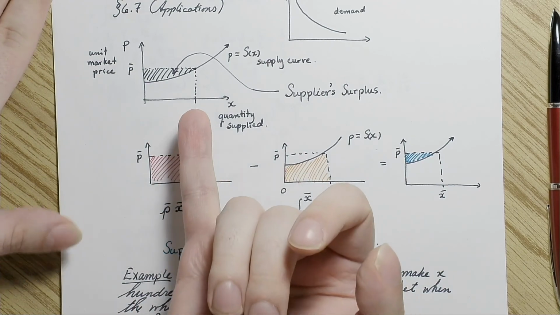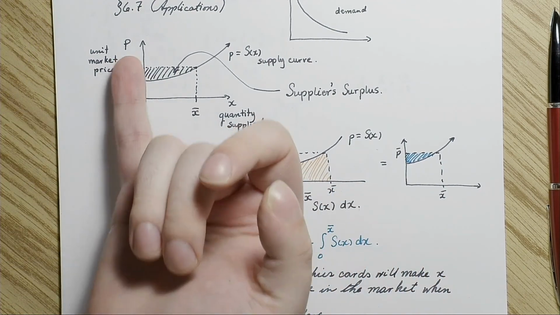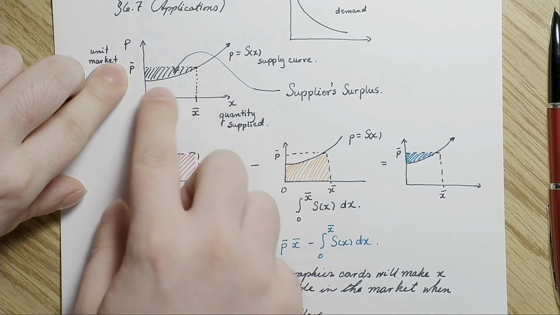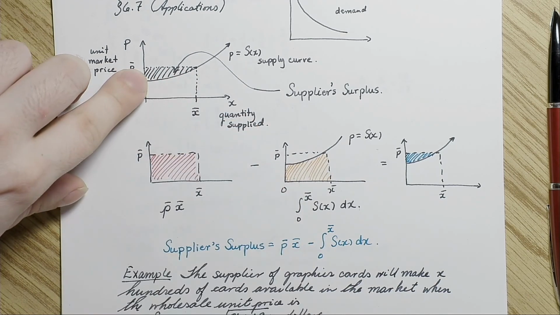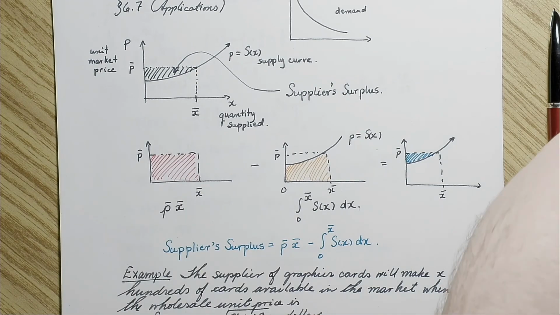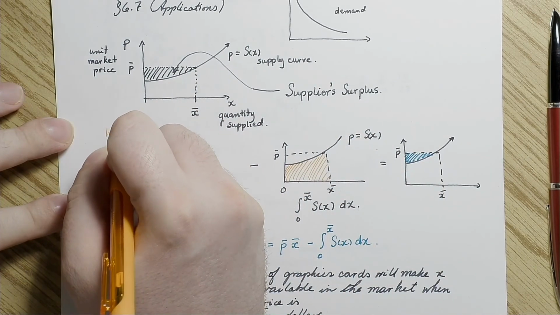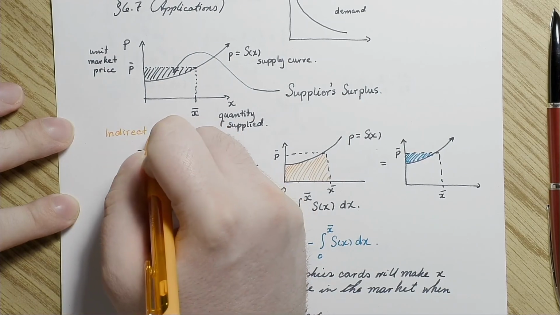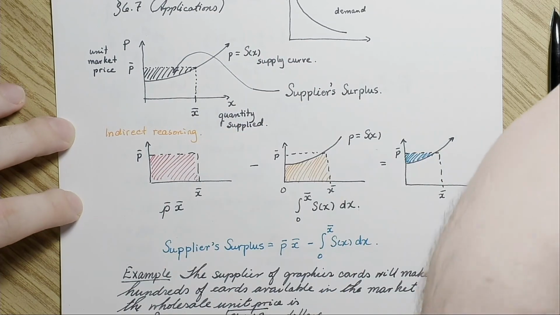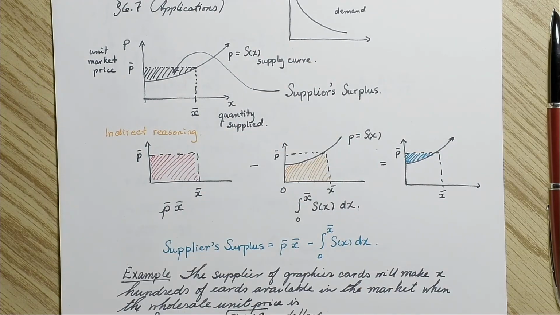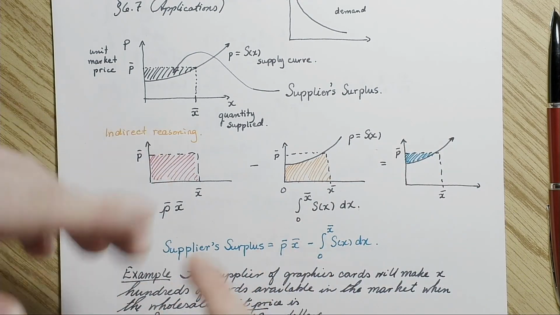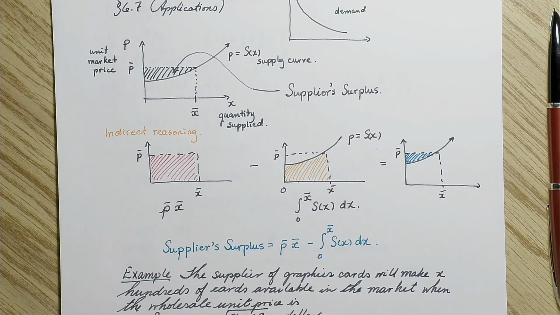So they fix the number of quantities supplied, they fix the price, and this is what's sold, this is what is left over. So we can actually come up with a formula for that, and we solve this. This is called indirect reasoning, or an indirect method. Again, we're not calculating that area directly, we're using some other information to figure it out.